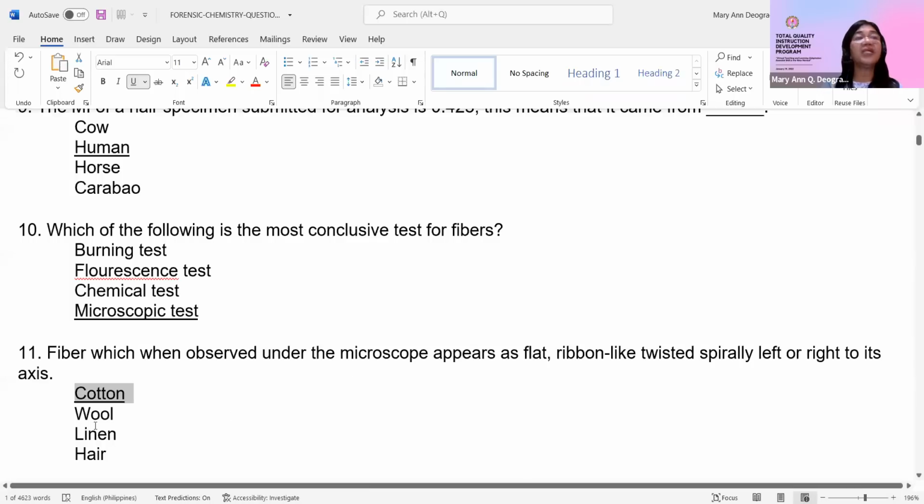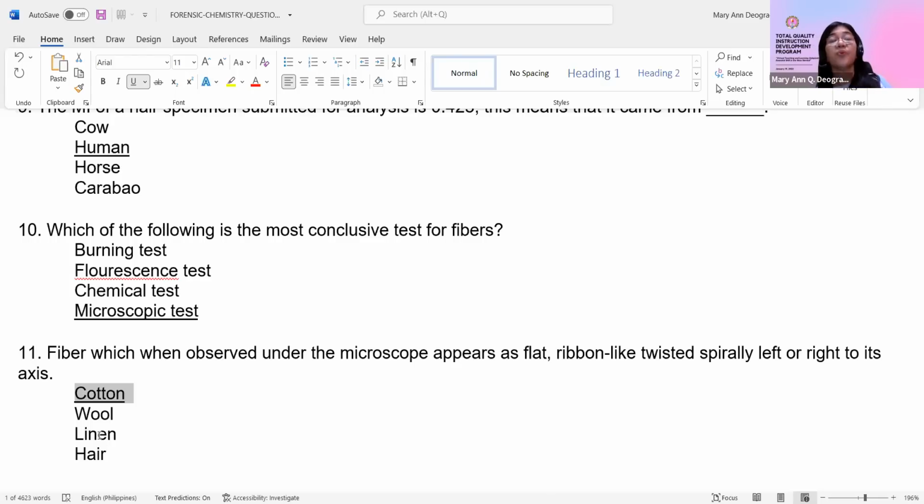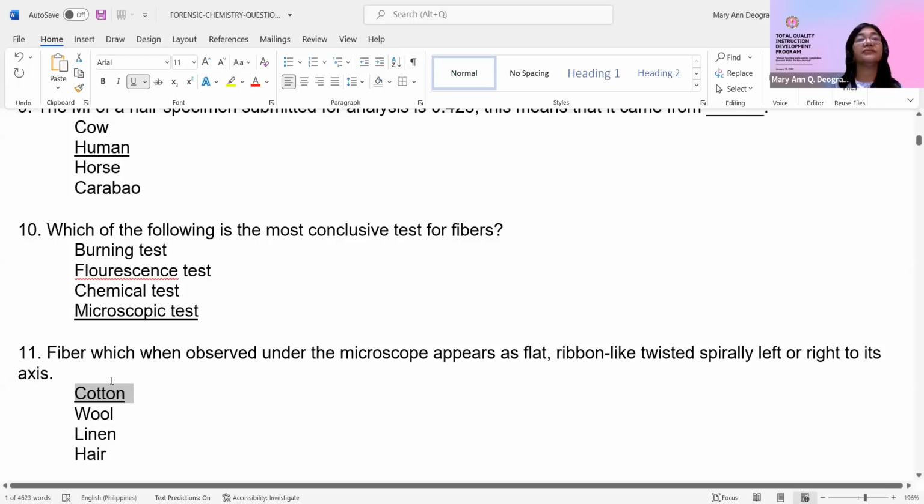Wool consists of epidermal scales. Linen looks like a glass rod, the shiny glass rod used for mixing in the laboratory. Then hair: in hair we can see the cuticle and the medullary index, since it is considered an animal fiber. So the answer there is cotton.